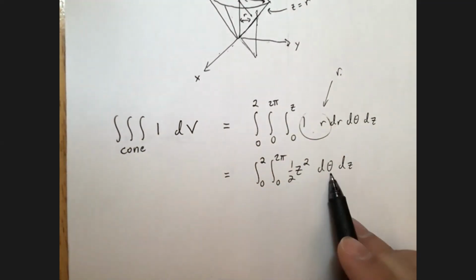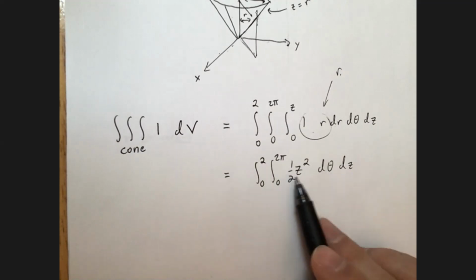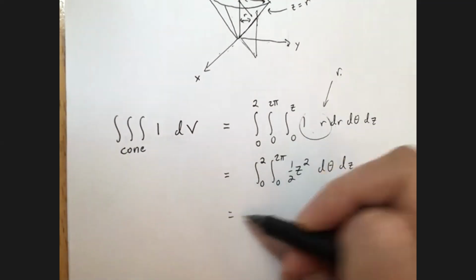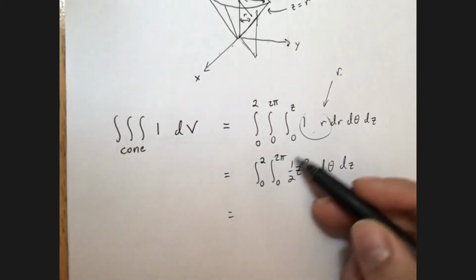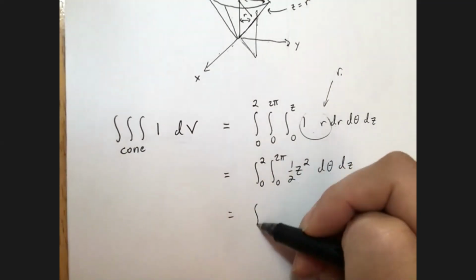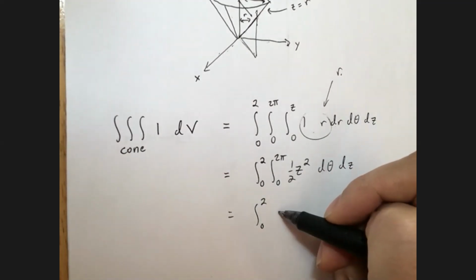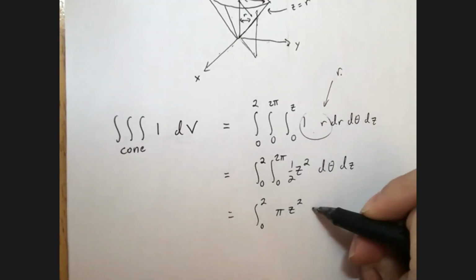Now I anti-differentiate this with respect to theta. Well, that's just 1/2 z squared times theta. Evaluate that from 0 to 2 pi. You just multiply this by 2 pi, right? Because it doesn't depend on theta. So it's just pi z squared.